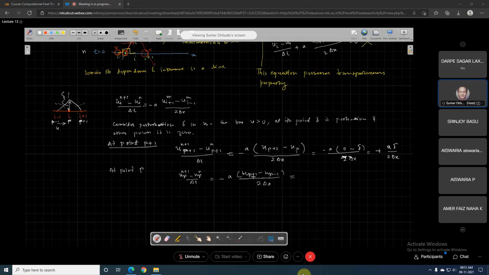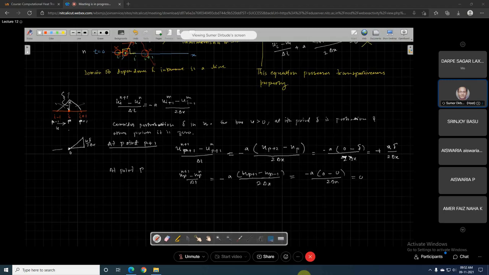What is the delta property? That delta should be 0 at locations other than p. So 0 minus 0 over twice delta x becomes 0. So at this point you get 0, and at the other point, you get a delta over twice delta x.